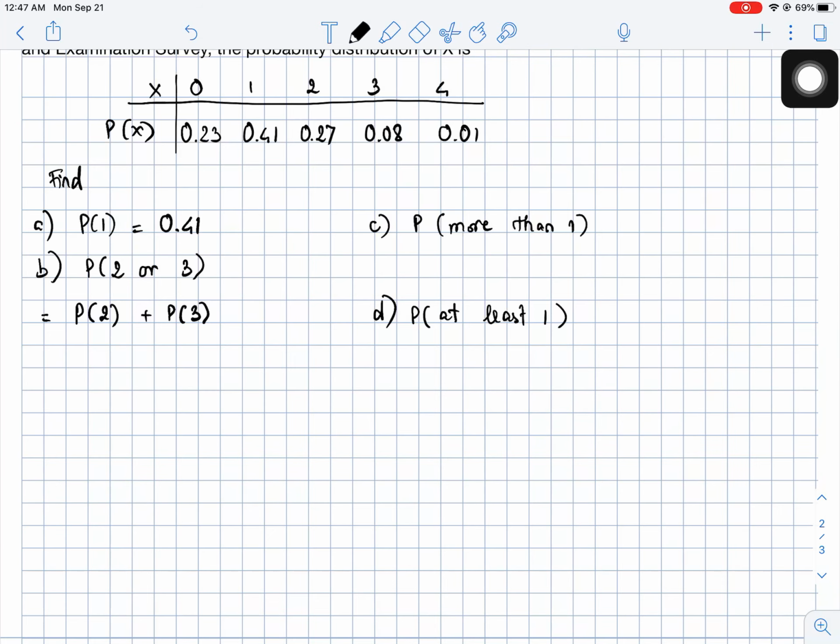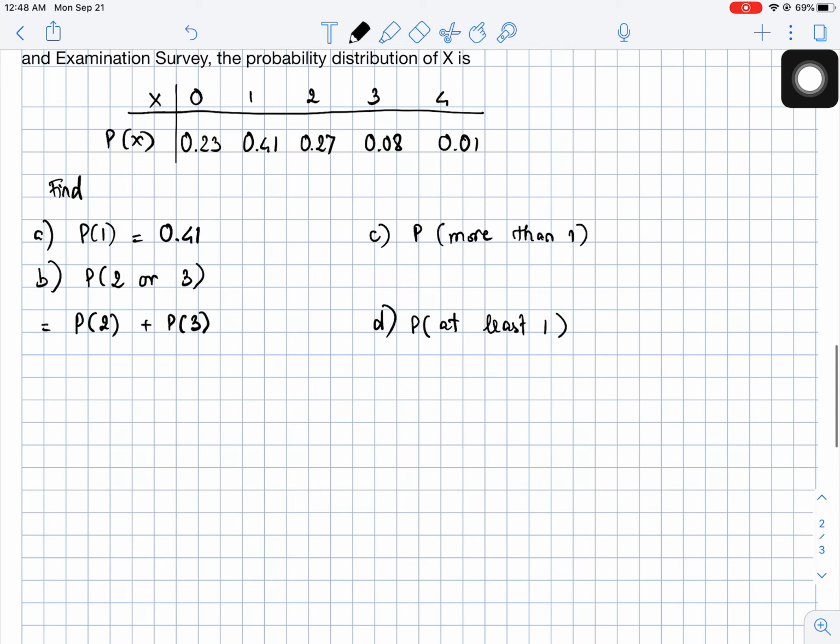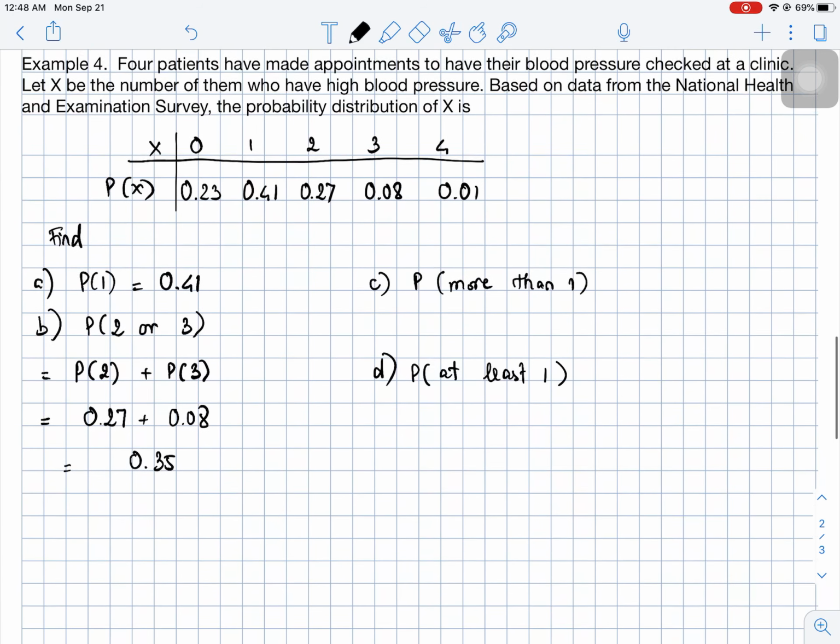There is nothing in common between 2 and 3, so we do not have to subtract the common. Then the probability of 2 is 0.27. The probability of 3 is 0.08. So what we need to do is just add the two probabilities together. Then we got the answer, 0.35.